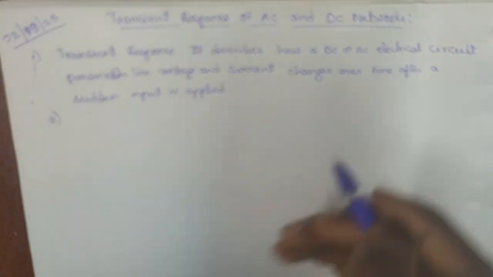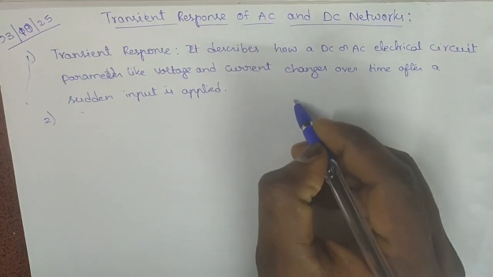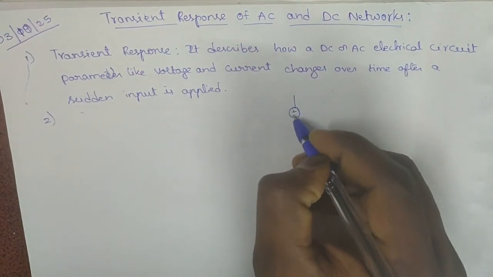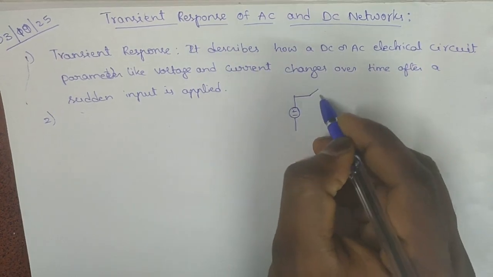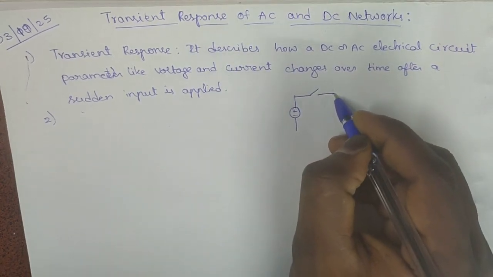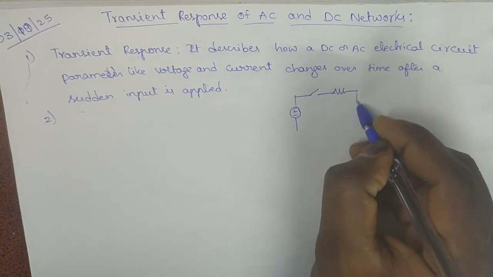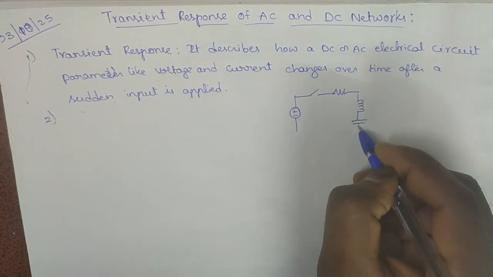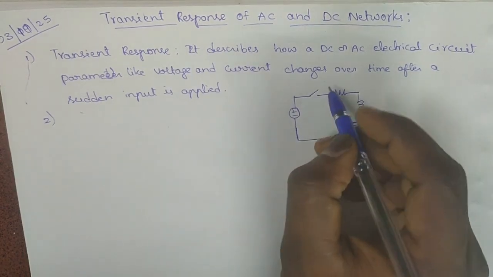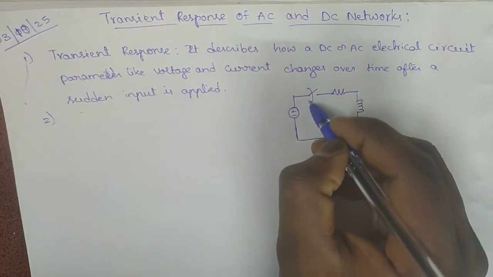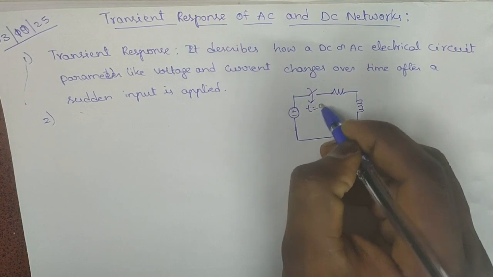Now, you can consider a circuit like this, a circuit with a switch and a resistive, inductive and capacitive network. The switch is closed at t equal to 0.